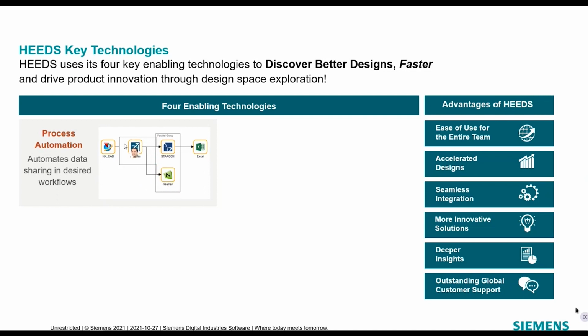And we create, for example, in this case, AMESim, a tool for doing system simulation. And the results of this system simulation also feed Star CCM and Nastran with data, right? And at the end, we can also integrate, for instance, a cost model in Excel. So we're able to leverage those portals in order to create complex automated workflows.